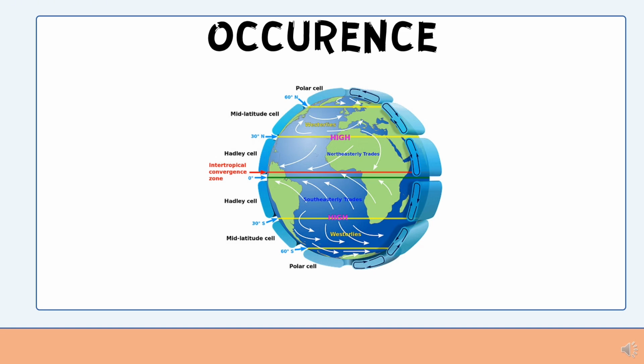Within 0 to 5 degrees, by the equator, there is no Coriolis force, and the Coriolis force is required for tropical cyclones to occur. So they basically occur from 5 to 30 degrees, both north and south of the equator.